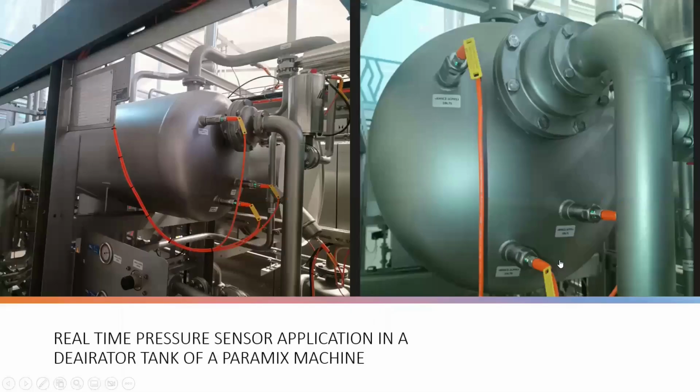These are examples of physical sensors. You can see an example of a physical sensor used as pressure sensor in the industry. This is a very good example. This is a deaeration tank and how sensors are applied.